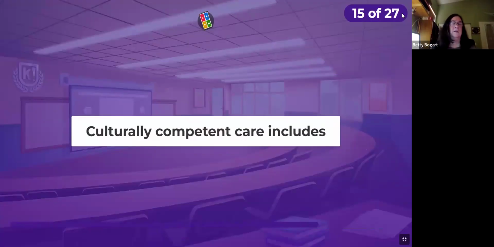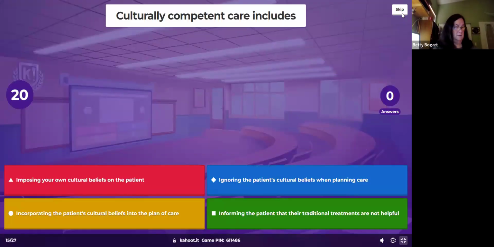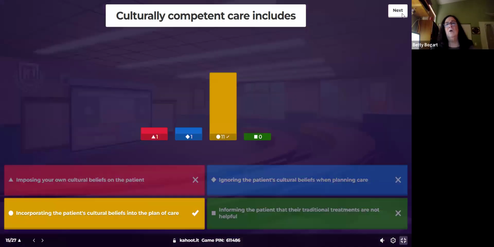Culturally competent care includes. So, when we have a patient that's not of our culture, I have come from a small town where I didn't know many cultures at all.